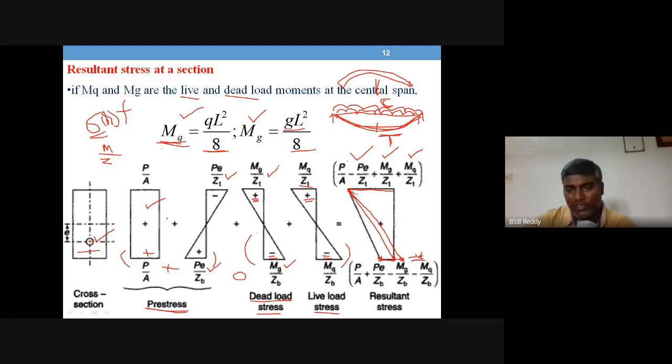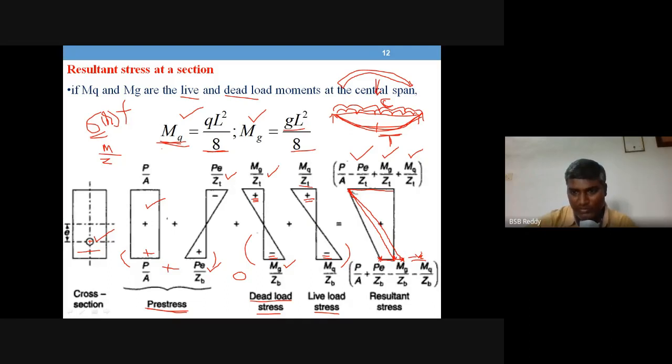So when you have negative stress still remaining at bottom, it is like a little tension remaining, and we will be designing with a tensile stress also prevailing at the bottom.